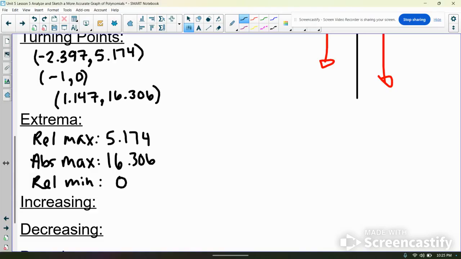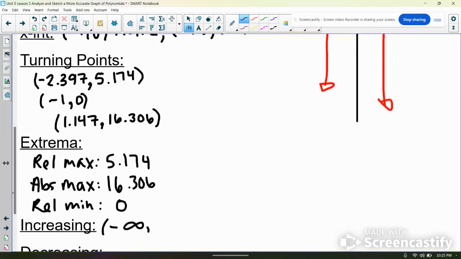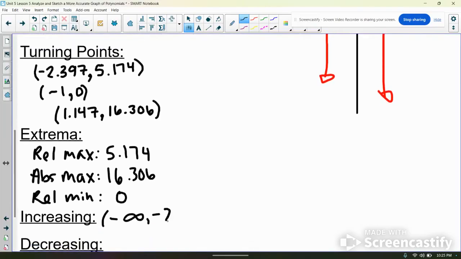We are increasing from -infinity all the way to that first max, that relative max, at -2.397. So we go down until the relative min, where we start increasing again to the absolute max.